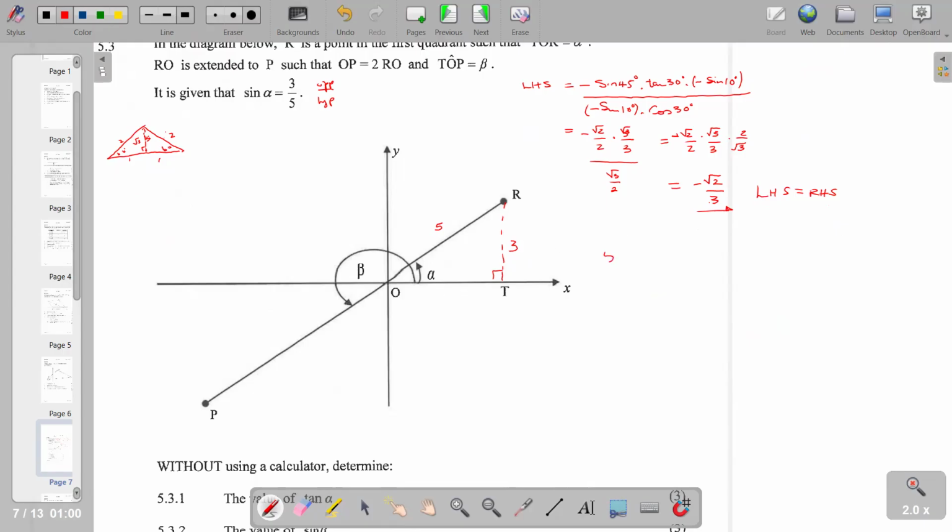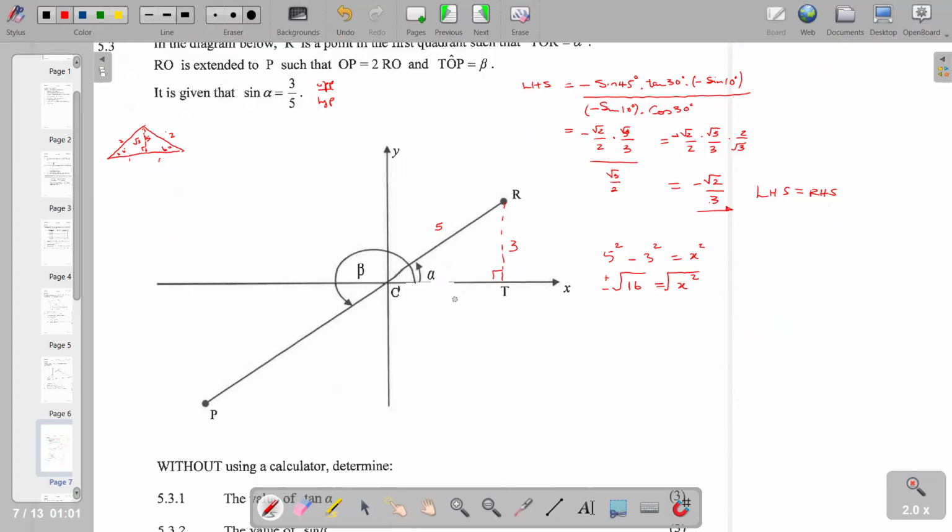So it means 5 squared minus 3 squared must be equal to x squared. Then we are getting 16 must be equal to x squared, so take the square root, plus or minus. When solving for x, it can be positive or negative, but depending on the quadrant, it's the one that helps us to get the sign of the value.